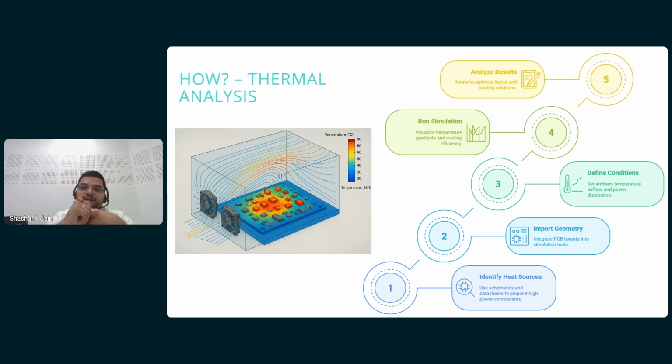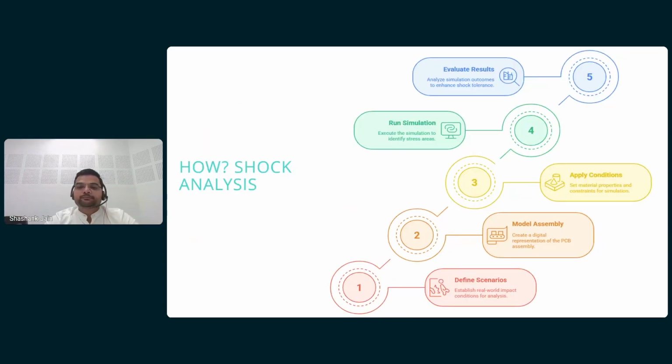If CFD is involved, or it is forced convection, then you can find how the flow of fluid, which can be air, is moving from one end to another. What should be the position of the fan, is it right or not, do you want to change the position of the fan, and so on. You can make those decisions using the results and the feedback of the simulation tool.